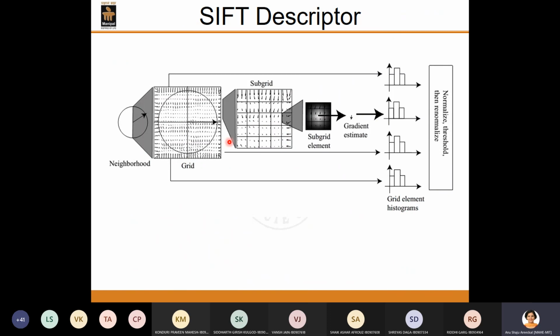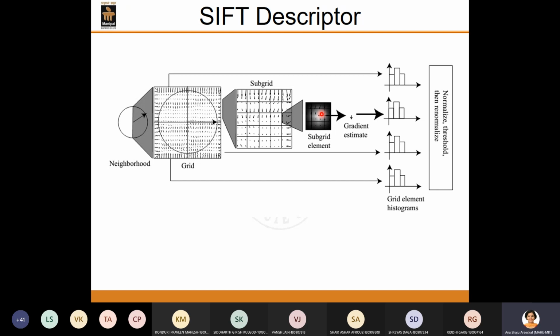Let's say you have the information of the key points. The SIFT descriptor will take the neighborhood and divide it into grids and subgrids. A subgrid is a small representation of the image, so it is looking at the neighborhood of each key point.